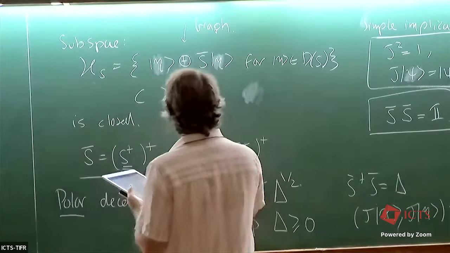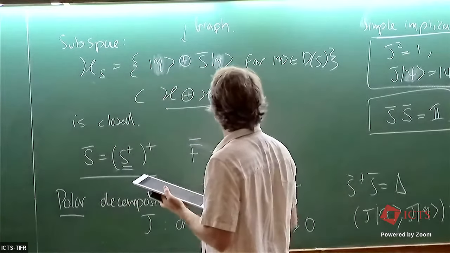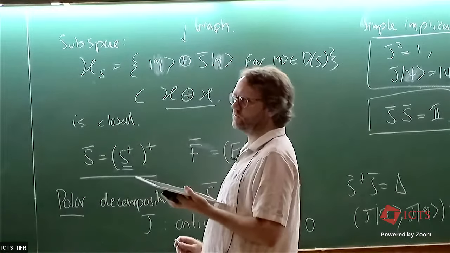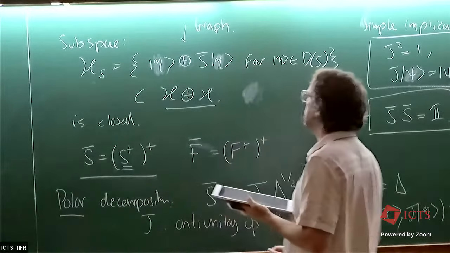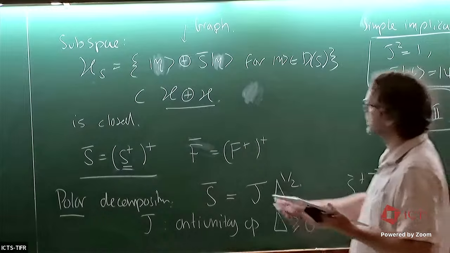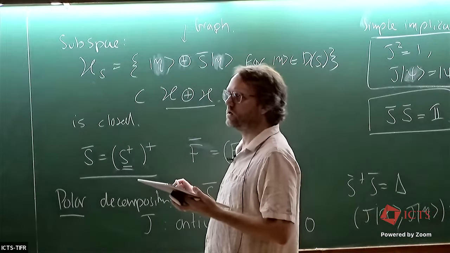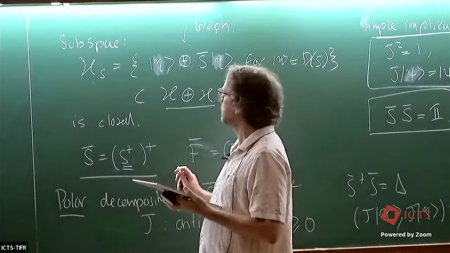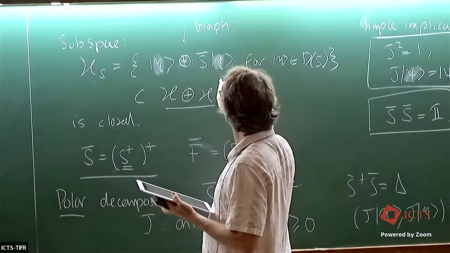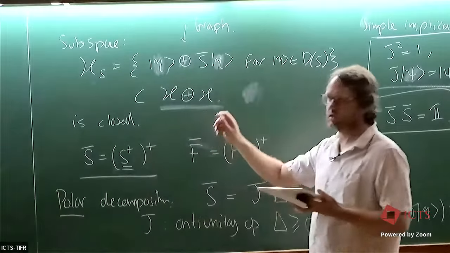It's not complexifying the Hilbert space, I don't think. Well, maybe you could think of it that way, but I don't think that's the reason for it. Yeah, it's like a graph, exactly.